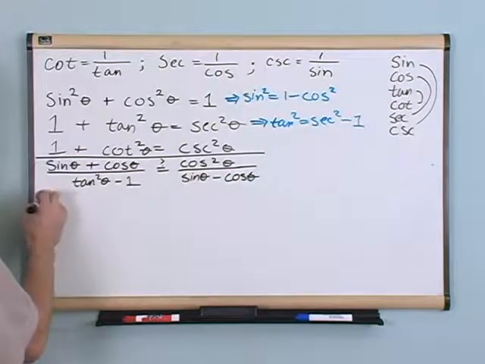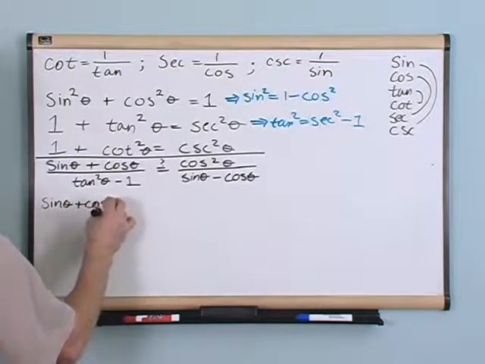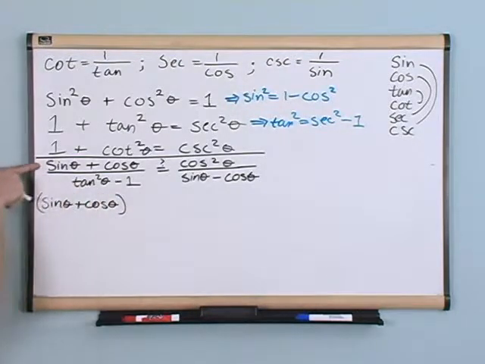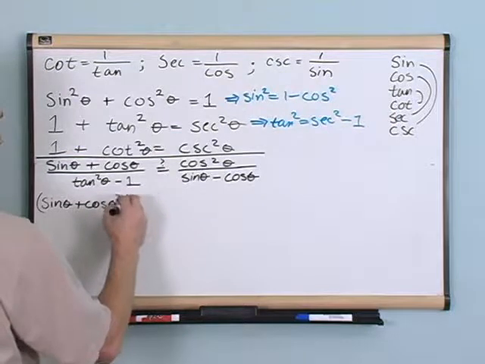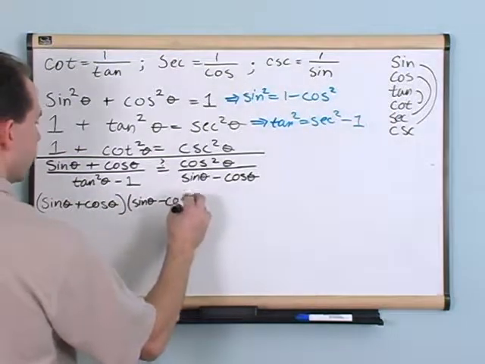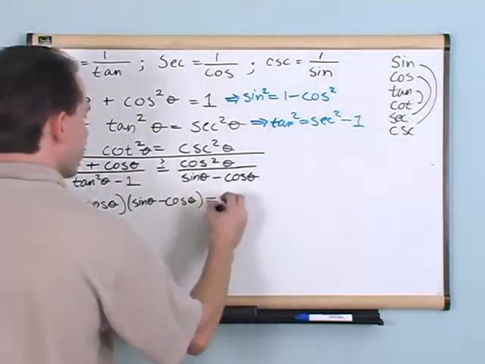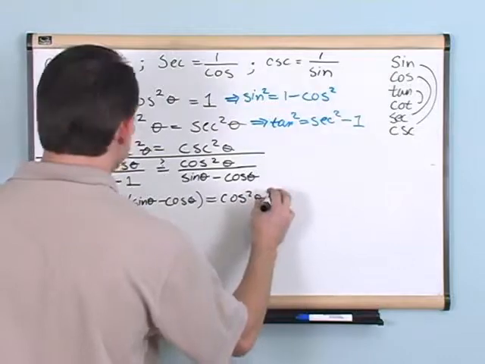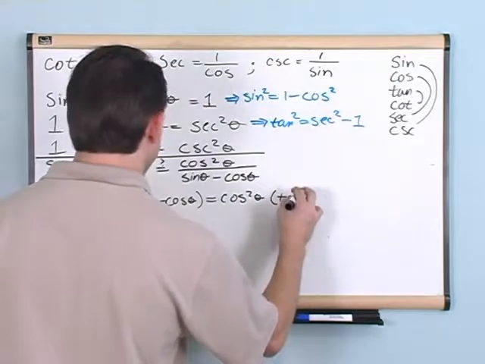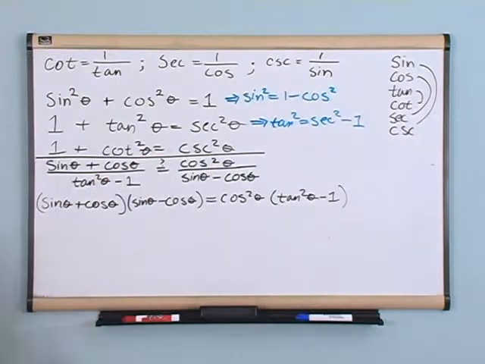So it'll be sine theta plus cosine theta times sine theta minus cosine theta, equals cosine squared theta times tangent squared theta minus 1. All I did was multiply those. Of course, I haven't actually done the multiplication yet.